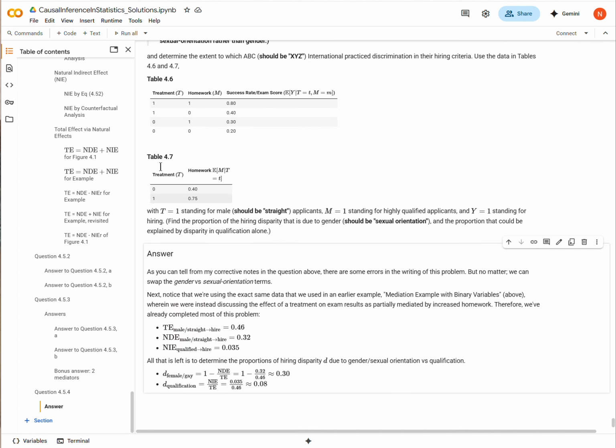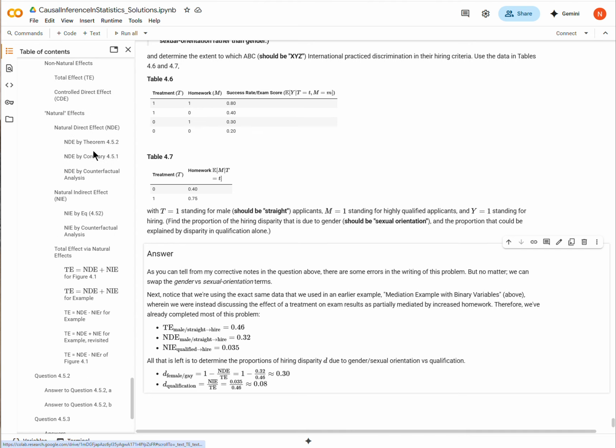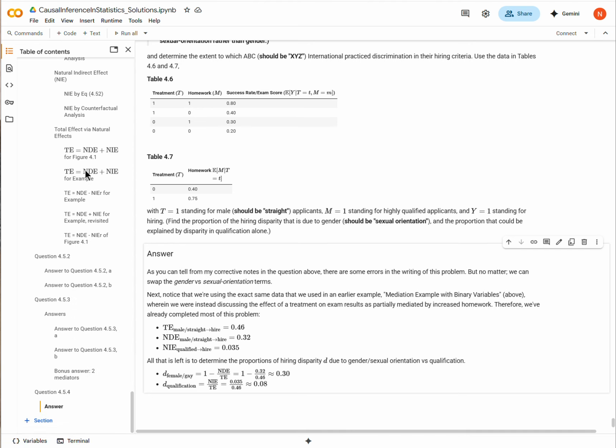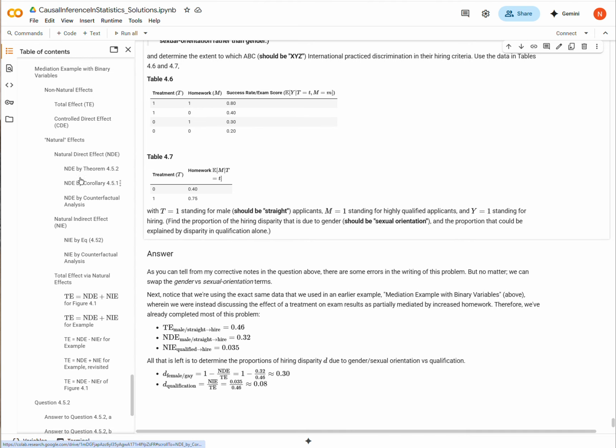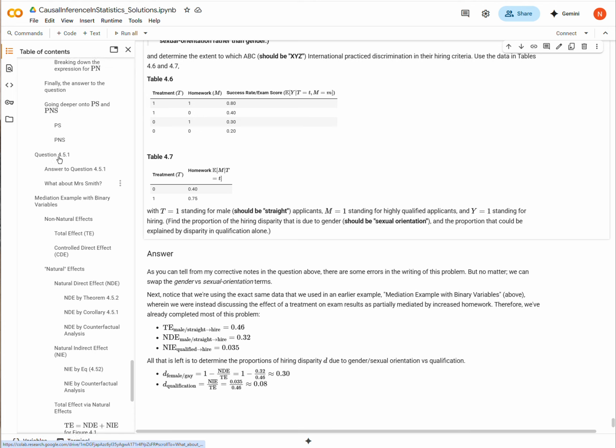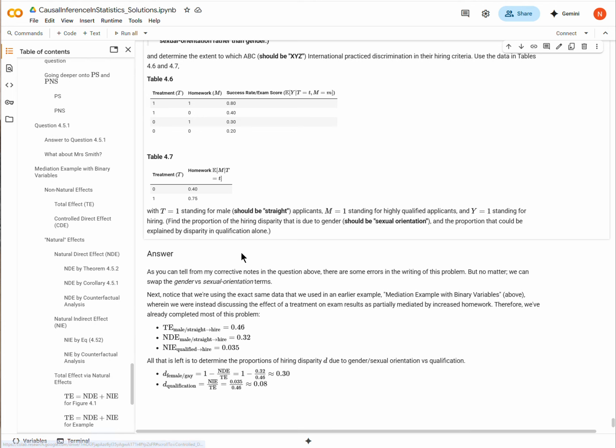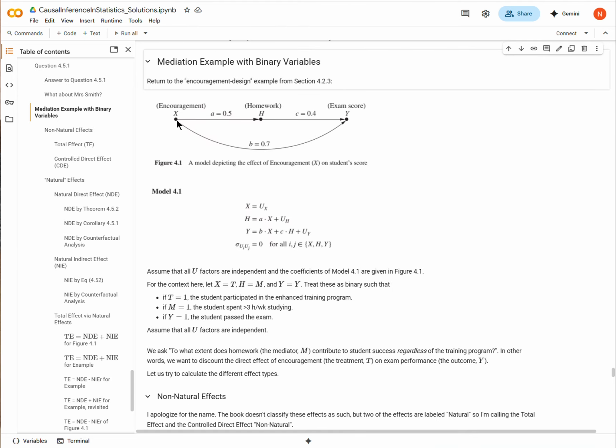It turns out that when we did that example, a very long example that spanned 3 videos, we used exactly this data, but for a different story. We had a treatment, sometimes called X, sometimes called T. Sorry for the cognitive load of having to keep track of all the different names for everything. It's just how the book panned out.